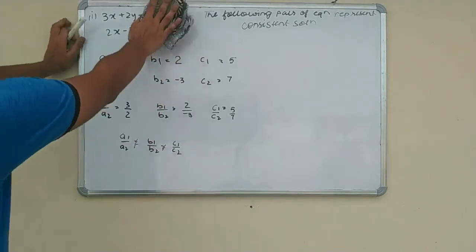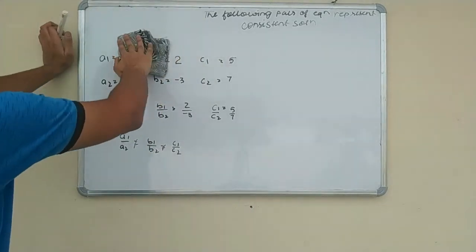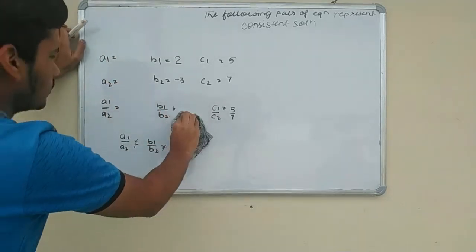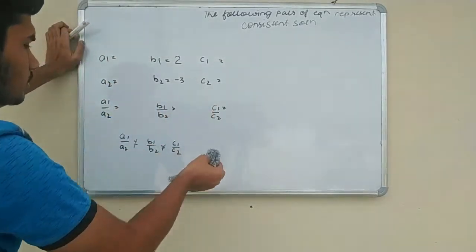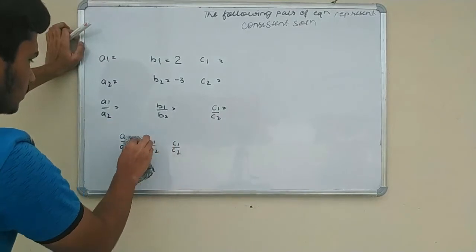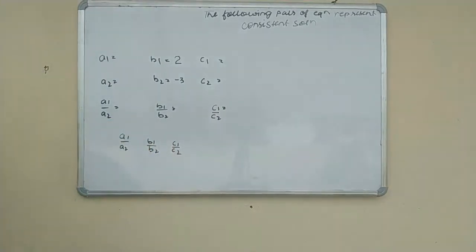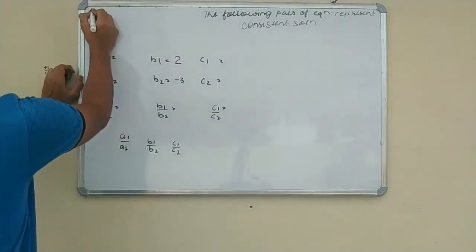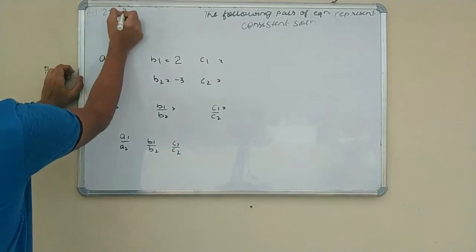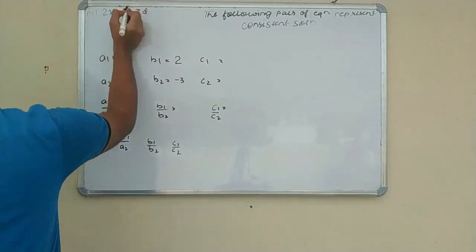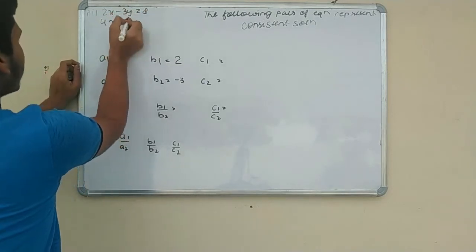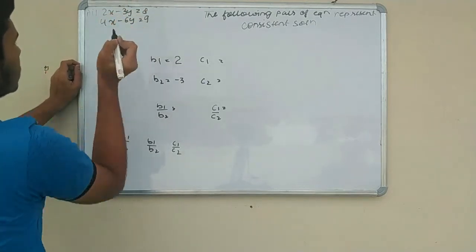The second part says that 2x minus 3y is equal to 8 and 4x minus 6y equal to 9.